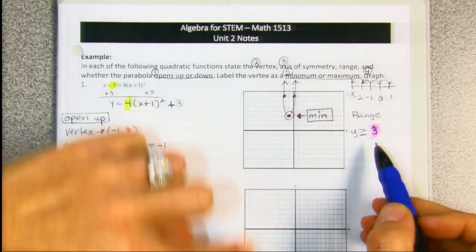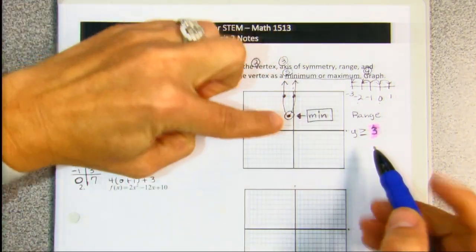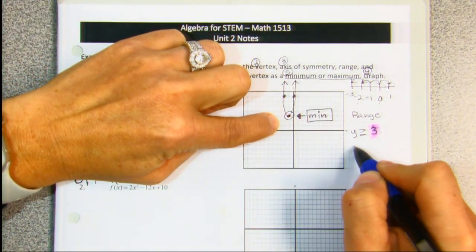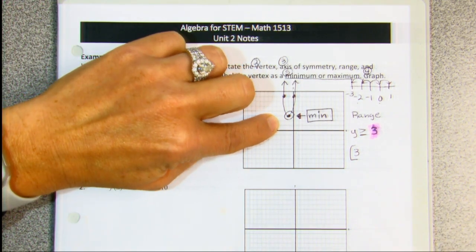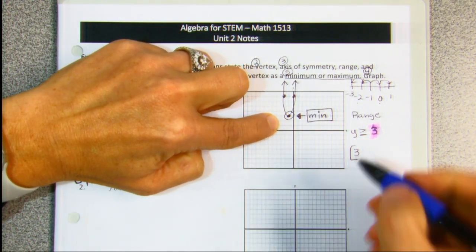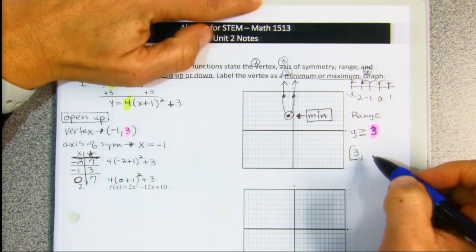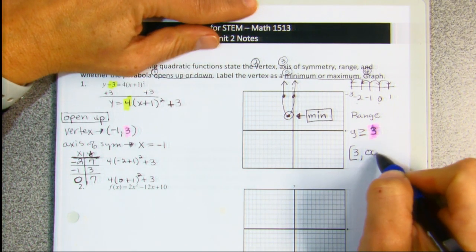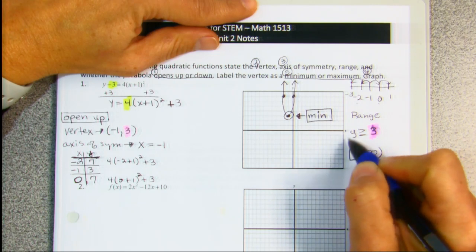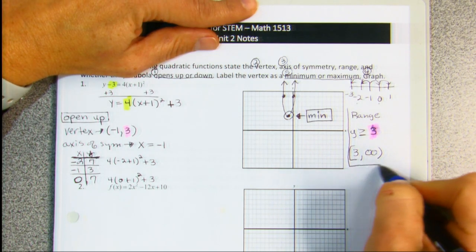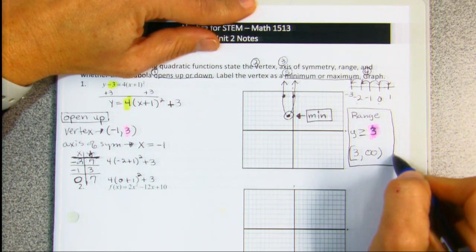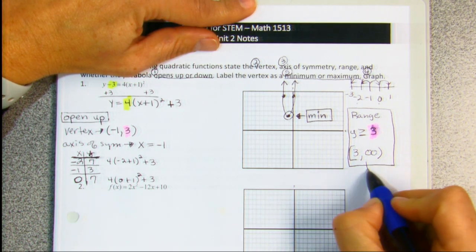And so if we're reading it from bottom up, the 3 would be written first with always a hard bracket beside it. And it's going to go on up into the clouds, to positive infinity, and always a soft bracket. So that's how you would represent range in interval notation.